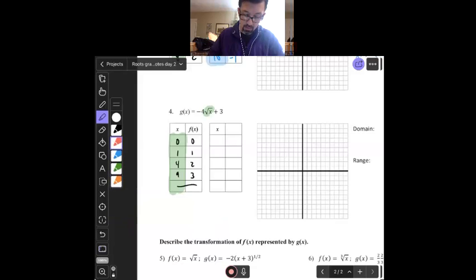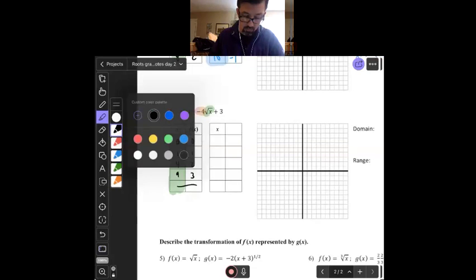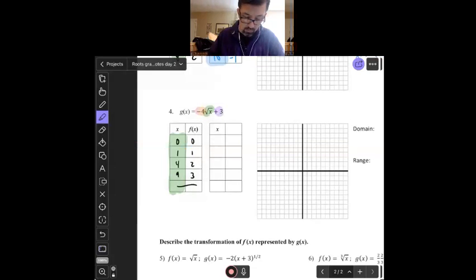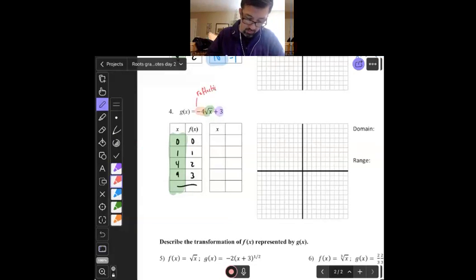So if I look at all of the transformations here, we've got a reflection. We've got a stretch. And then what's that 3 doing?